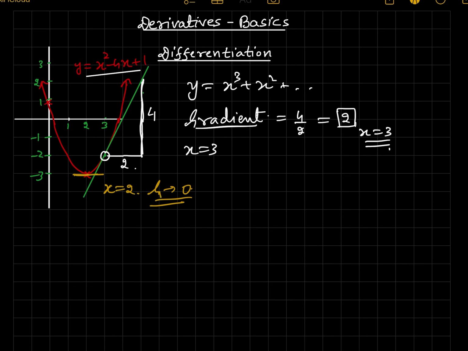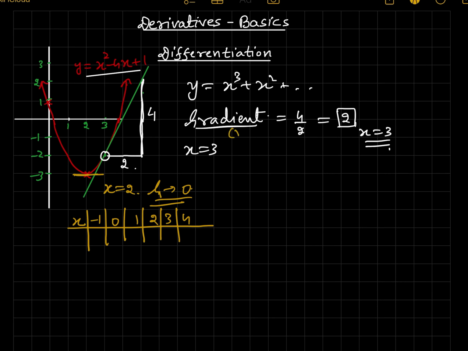This way we can find the gradient at any point by simply drawing the tangent at that point. Now if I make a table of gradient and my x values, at x equals negative 1, 0, 1, 2, 3, 4, I will get my gradient.